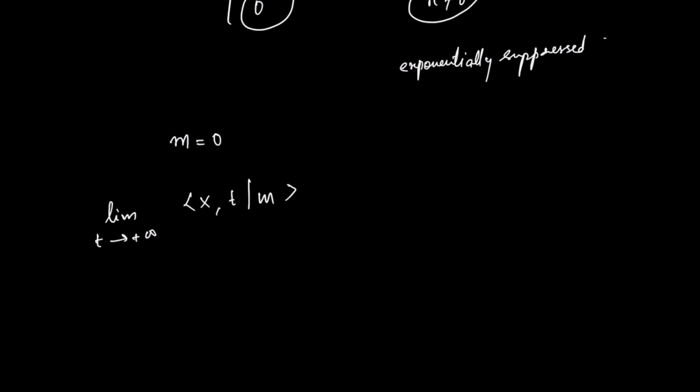So here it will be limit t tending to infinity e raised to minus i E m (1 minus i epsilon) t, x m. So the same trick I can use here.